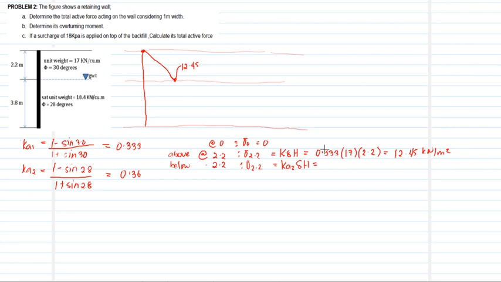So, ito lang yung papalitan natin. That is equal to 0.36 multiplied by 17 multiplied by 2.2. Ang value natin dito is equal to 13.464 kilonewton per meter squared. So, meron tayong value dito na equal to 13.464.